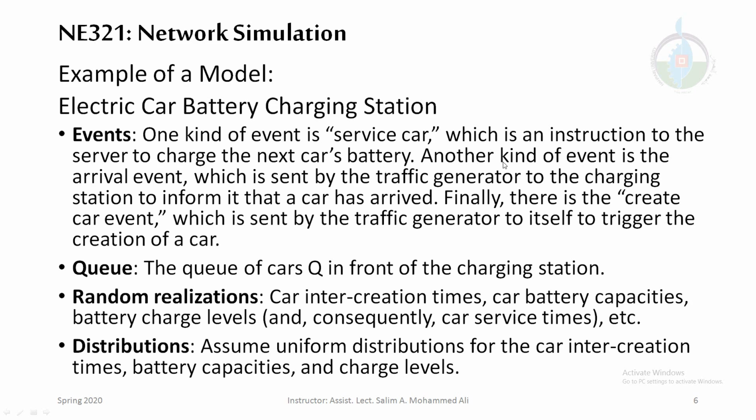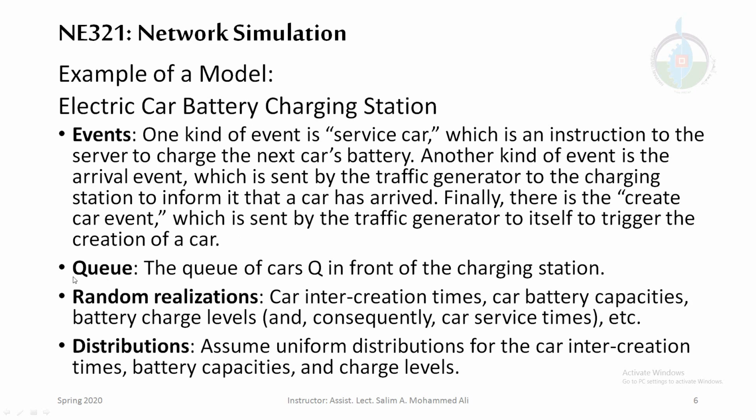Another kind of event is the arrival event, which is sent by the traffic generator to the charging station to inform that the car has arrived and it should be allocated to any of the rows that's available to be charged. Finally, there is a create car event, which is sent by the traffic generator to itself to trigger the creation of a car. These are the three types of events we have in this battery charging station.